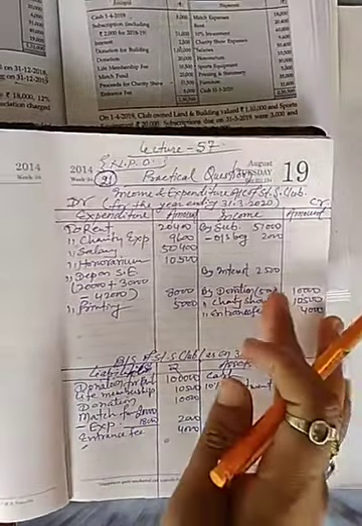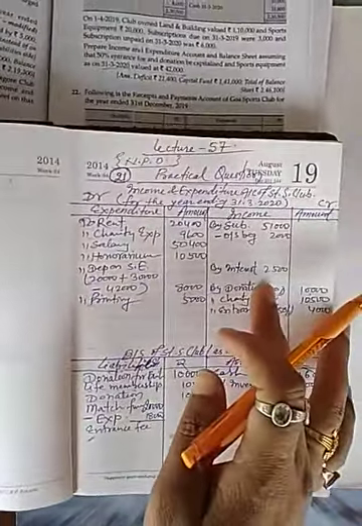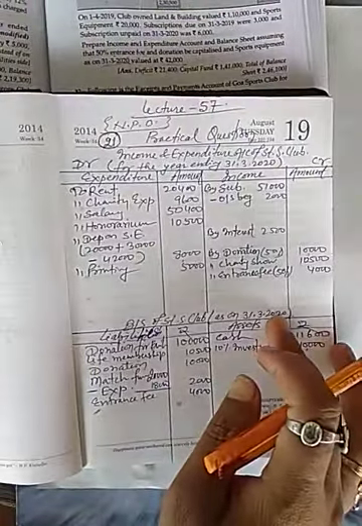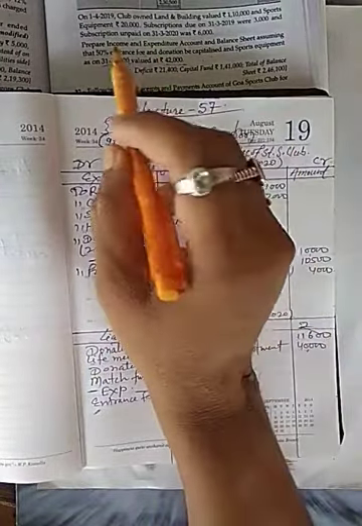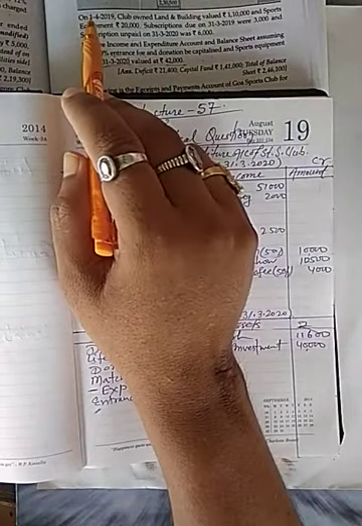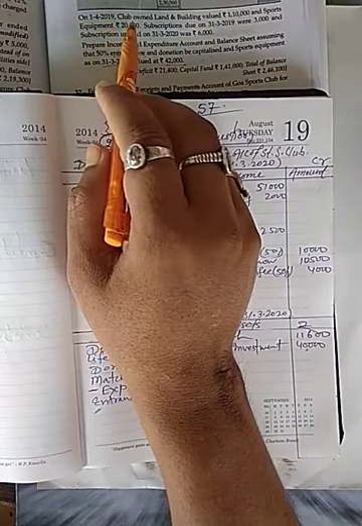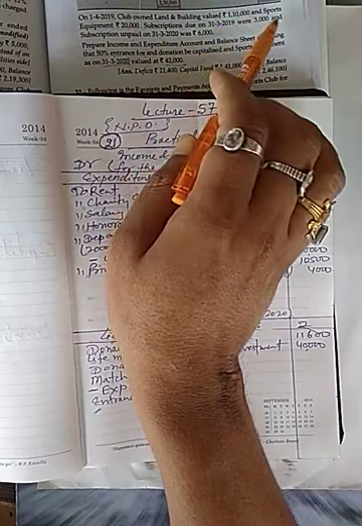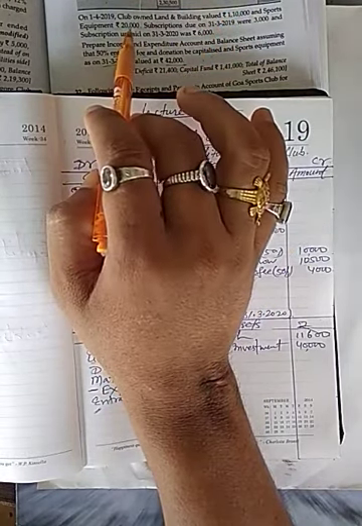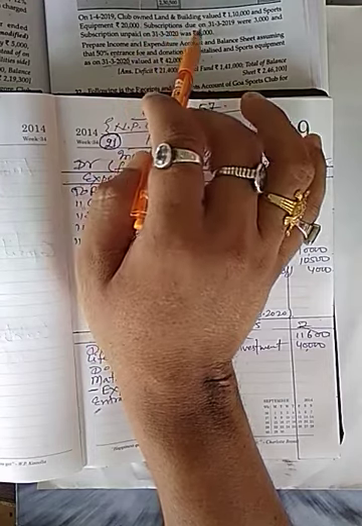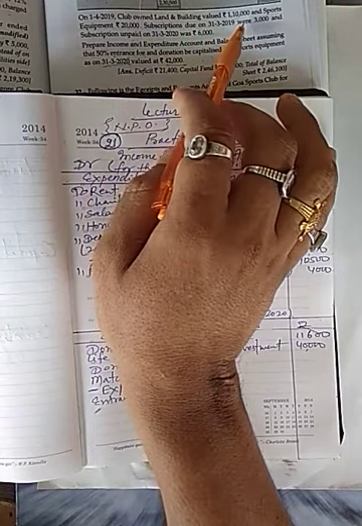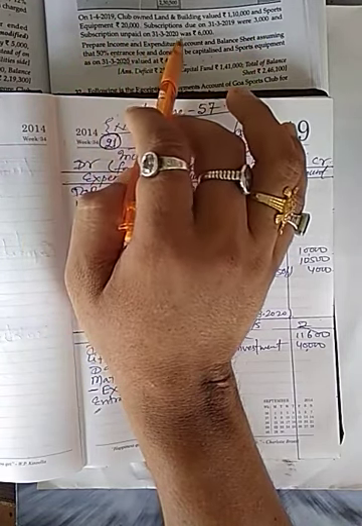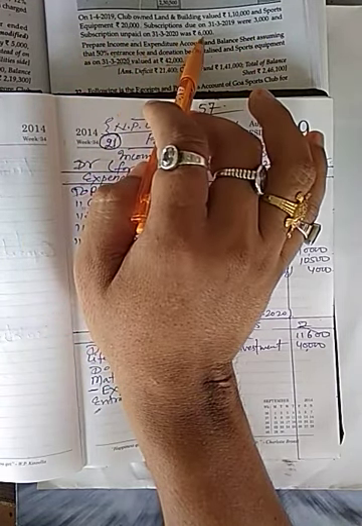Now I will see the adjustments related to the question. Adjustment says on 1st April 2019 the club owned land and building valued at 1,10,000 and sport equipment 20,000. Subscription due on 1st April was 3,000 and subscription unpaid on 31st March was 6,000.